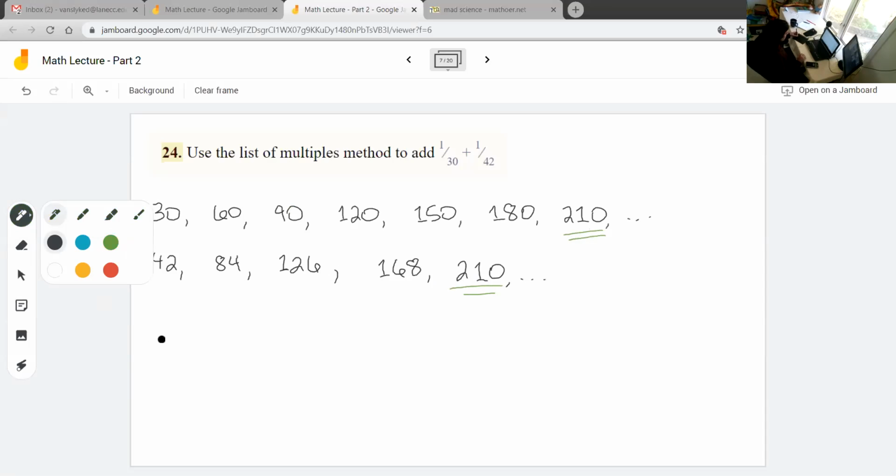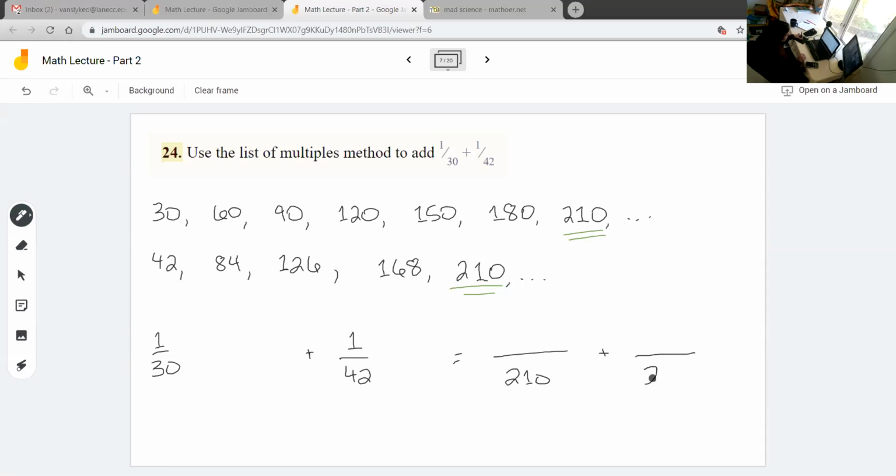So I can do that. I can take the 1/30th and the 1/42nd and make them into something over 210 plus something over 210. What am I going to multiply by to get from 30 to 210?